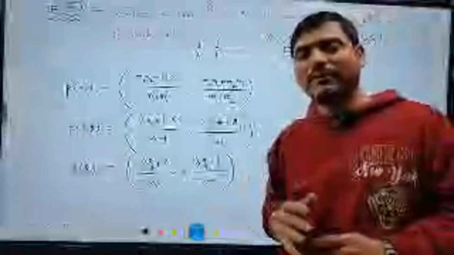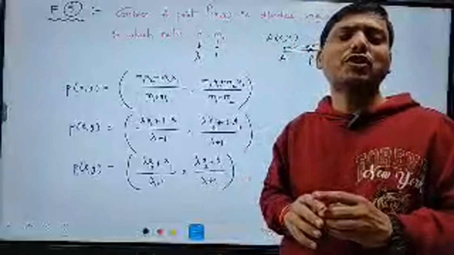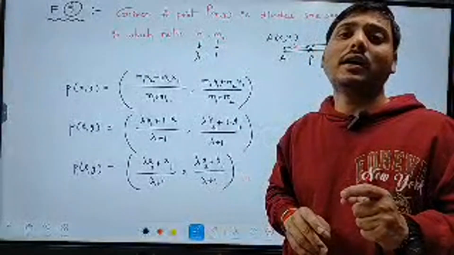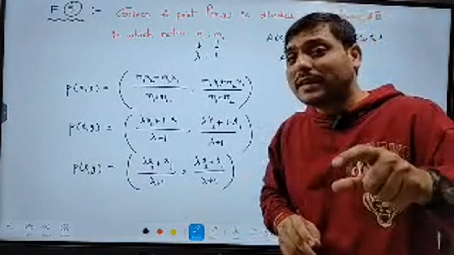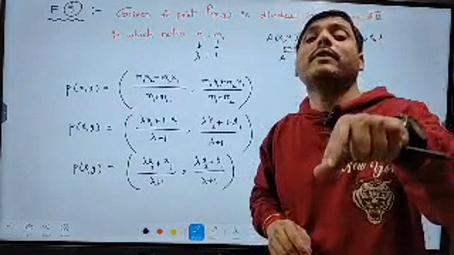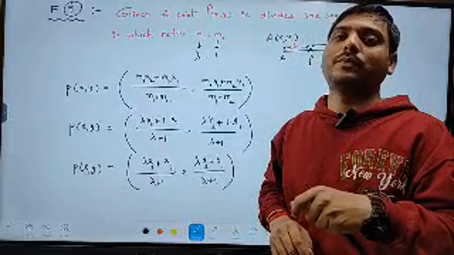The fifth concept also comes from the third formula, the section formula. What is the difference between the third and the fifth? First of all, what is the fifth formula? A point P divides the line segment AB in the ratio of, in this case, P point is given, A and B are also given, and you find its ratio.